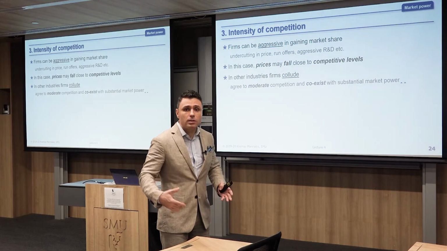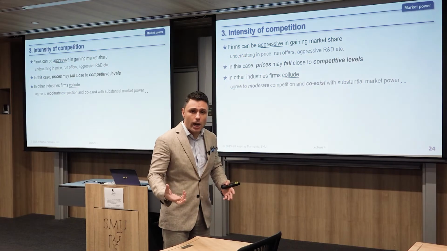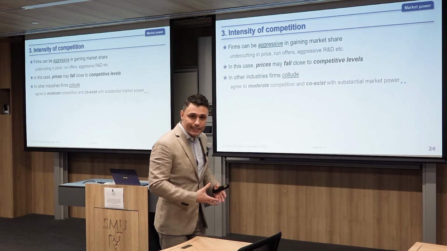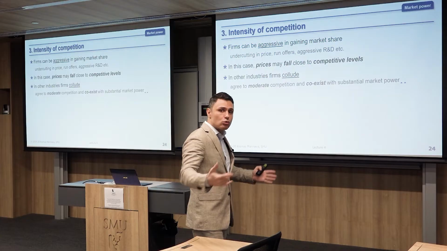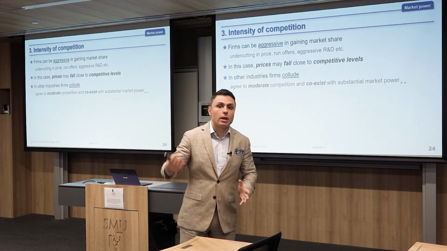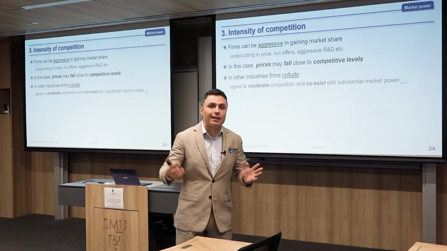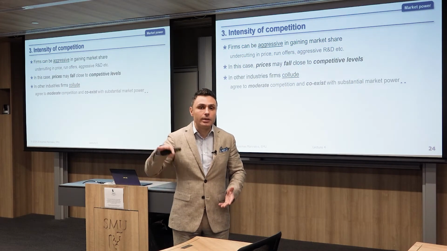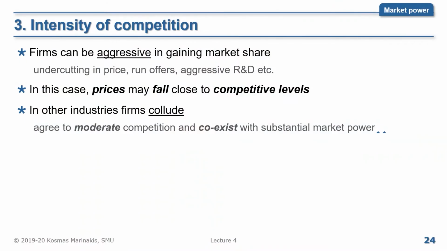In other industries, on the other hand, the firms do not compete aggressively, they just collude, they moderate competition, they will not go to these drastic methods to gain market share as long as others do the same, so they have a status quo that is maintained throughout time, and in this case they are able to hold on to their power in general and do not have these increases and decreases of market power.